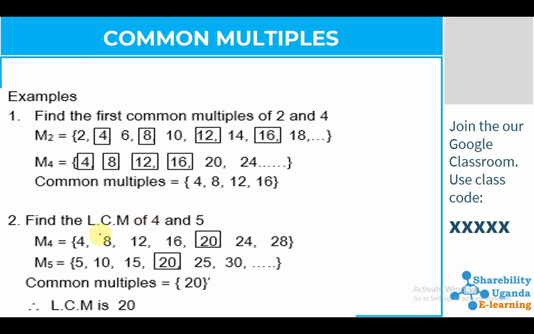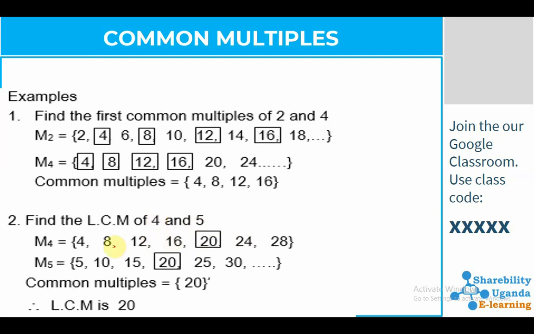What is 1 times 4, we get 4. 2 times 4, we get 8. 3 times 4, we get 12. 4 times 4, we get 16. 5 times 4, we get 20. 6 times 4, we get 24.